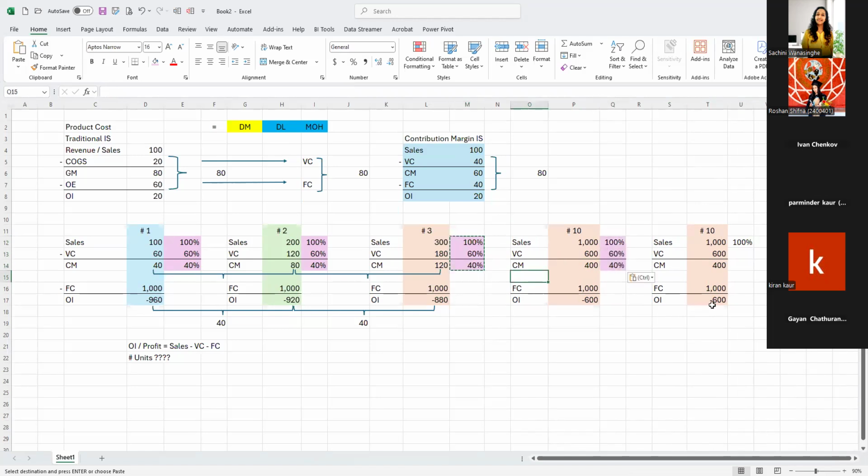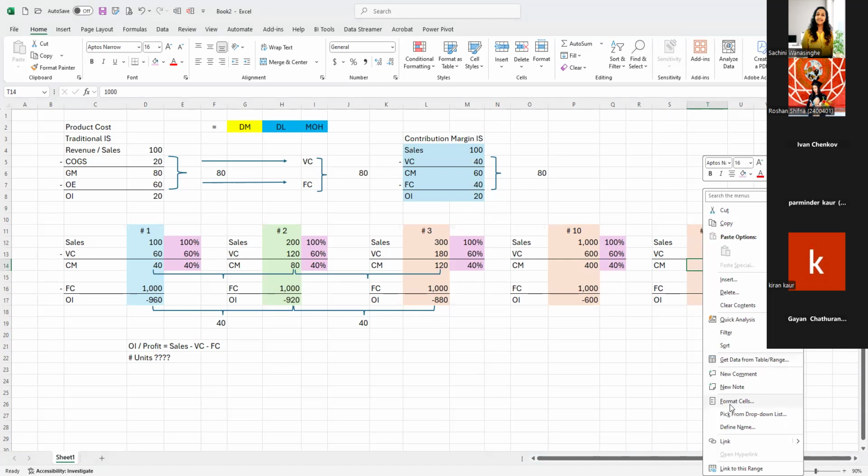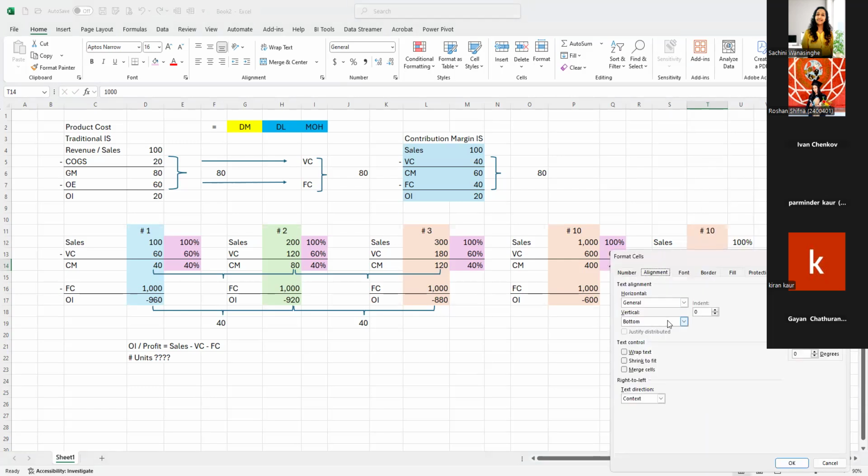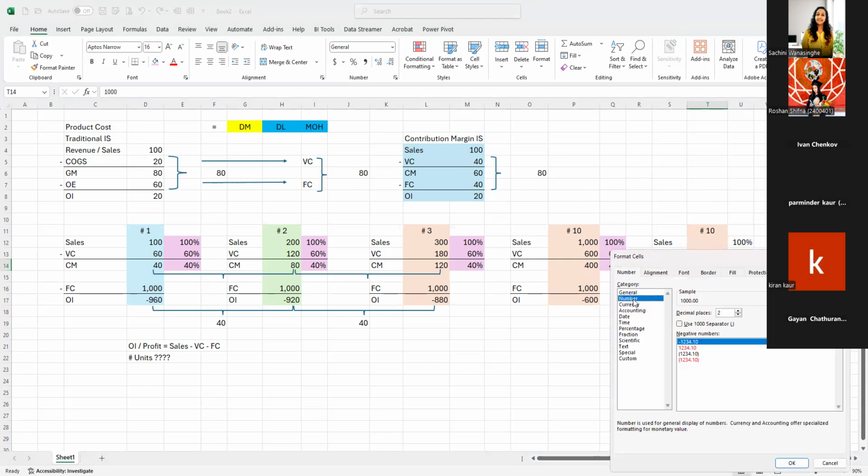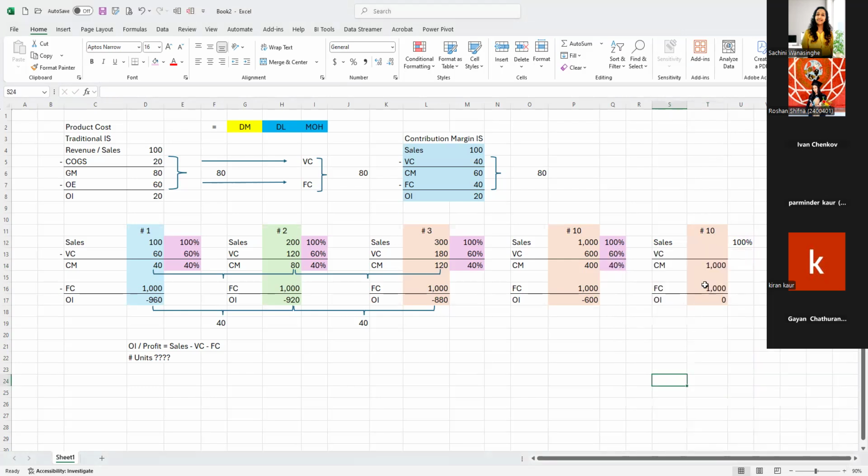At which point will my operating income be zero? When contribution margin is $1,000. If I somehow magically get my contribution margin to be equal to $1,000, then my operating income is going to be zero.